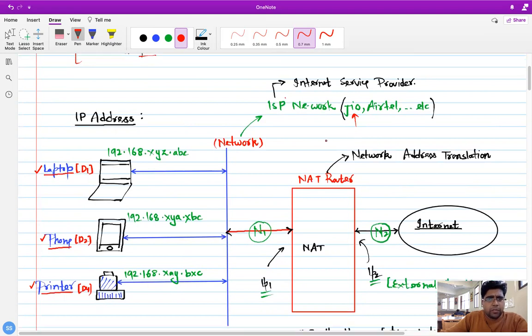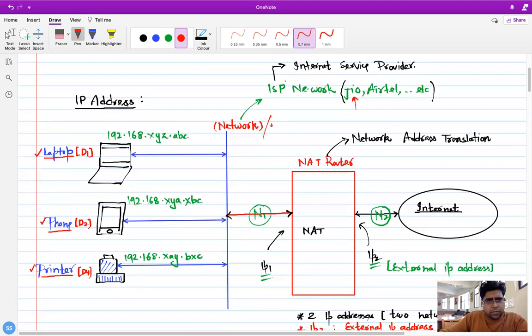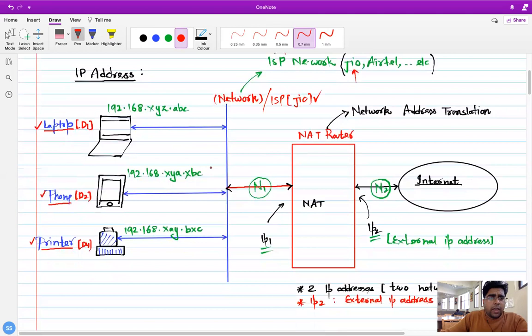Okay, so it means your ISP is Jio or Airtel. Let's say in our case it is Jio, and all your devices are connected to this network. And this ISP is providing you the access to the internet, right?